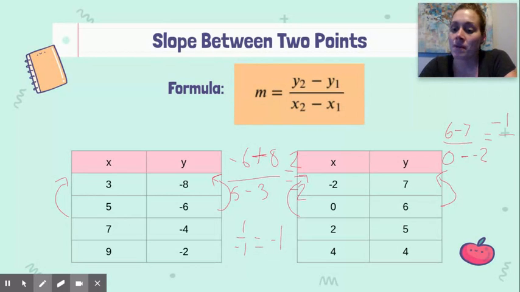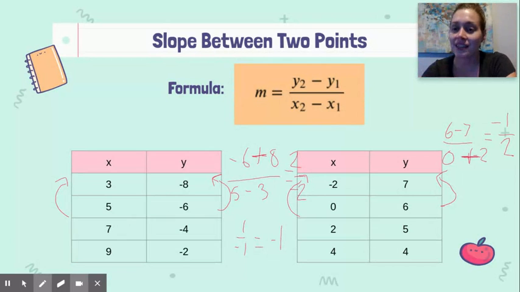And then on the bottom, 0 minus negative 2, minus a negative is like adding a positive. So we can think of that as 0 plus 2, which is 2. And so I end up with my slope, -1/2. So that means the slope of this line here, represented by the table, is -1/2. It's going down 1/2, down 1/2, all the way down the line. So we have a slope of -1/2.